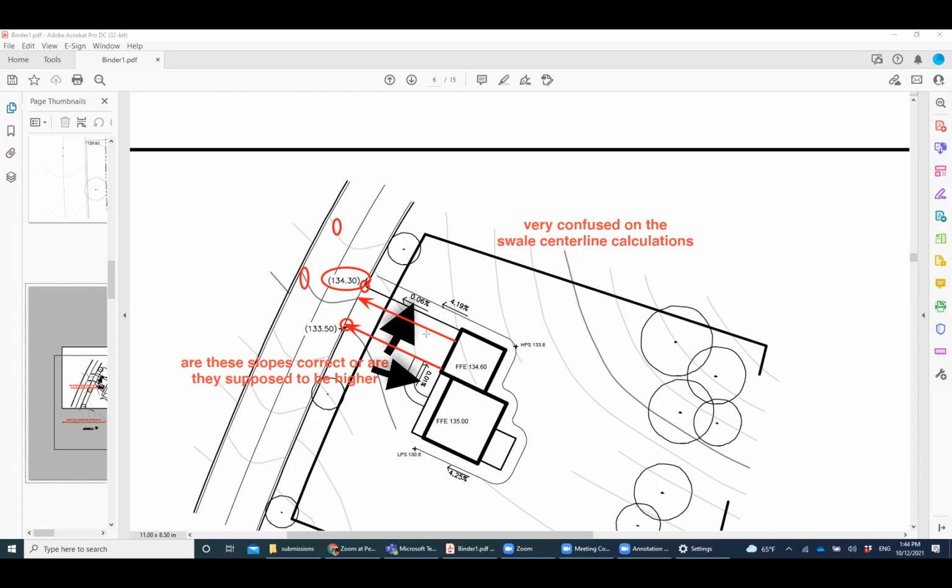That's the first thing that I would recommend. If it exceeds 10%, then you would need to lower the FFE of your garage.